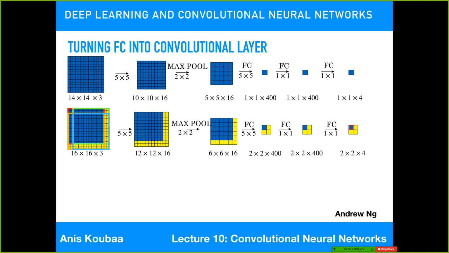You will have one output for the red image, one output for the green image, one output for the orange image, and one output for the blue image, right? So all these outputs can be arranged into a 2 by 2 by 4. This one will tell whether there is an object in the first red image, this one in the green image, this one in the orange image, and this one in the blue image.